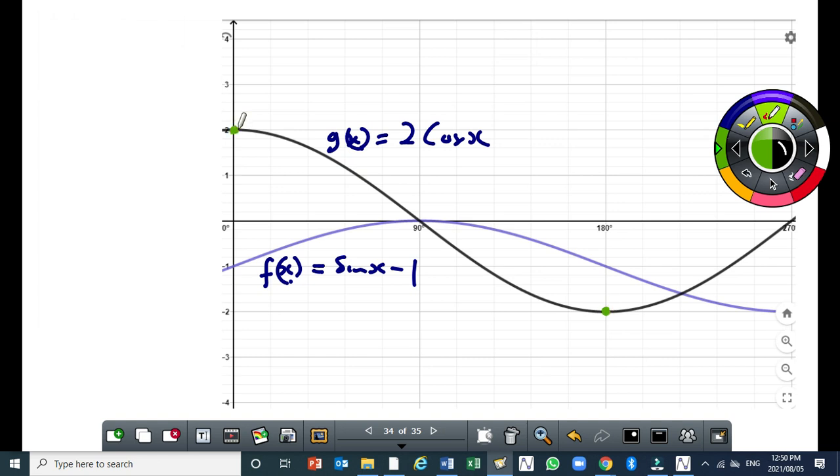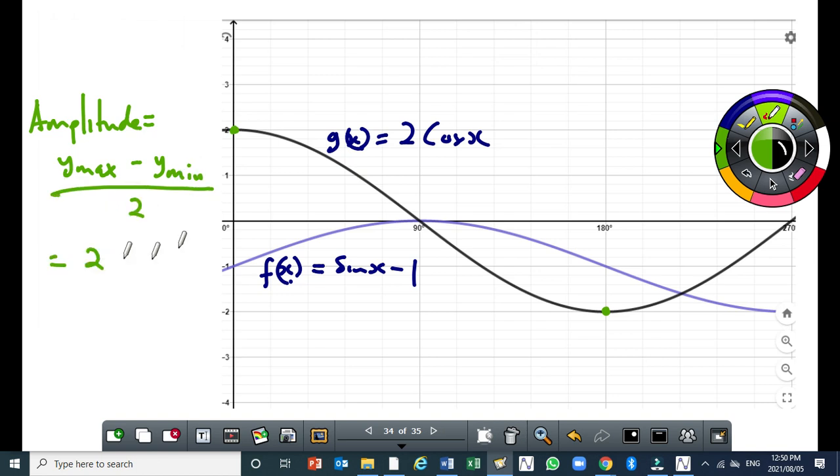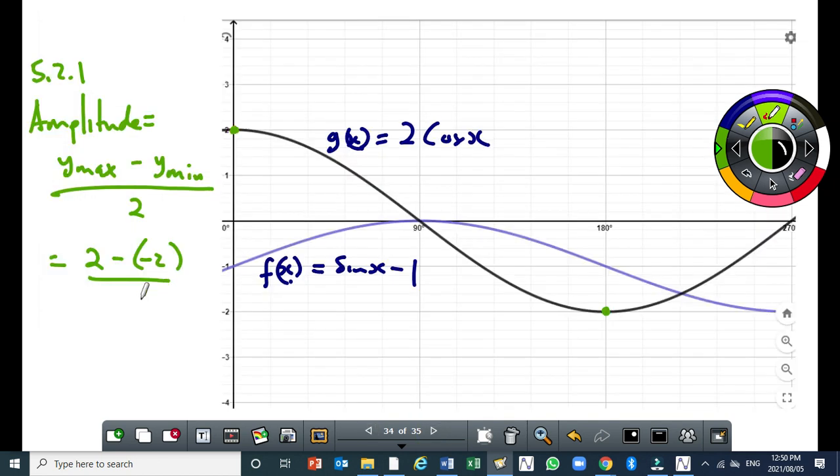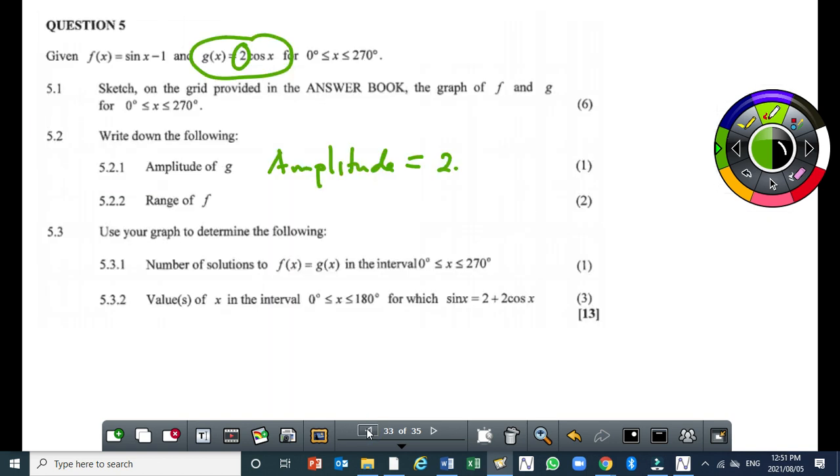So if you use this formula, amplitude is equal to y max minus y min all over 2. It means that you have 2 minus negative 2, all over 2, you get 4 over 2, which gives you the 2. So that should be straightforward, finding the amplitude.